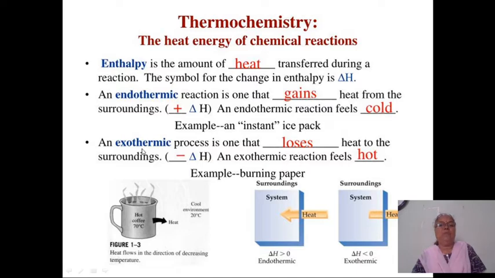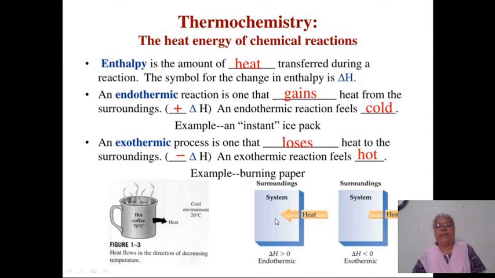Then, all of you know, in case of an exothermic reaction, the heat is released or lost, and it is given by the negative sign, and an exothermic reaction feels hot. An example here is burning paper.